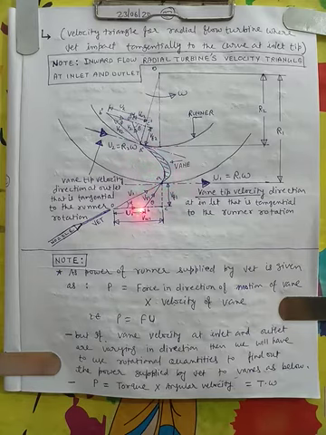For minimum losses, it is a condition I have already cleared to you in earlier classes, that the relative velocity of the jet should be tangential to this vane curve. So the resultant should be this, and as per that we can adjust the direction of V1 and U1 by calculating. So the relative velocity of the jet with respect to the vane tip at outlet should be in the radial direction.